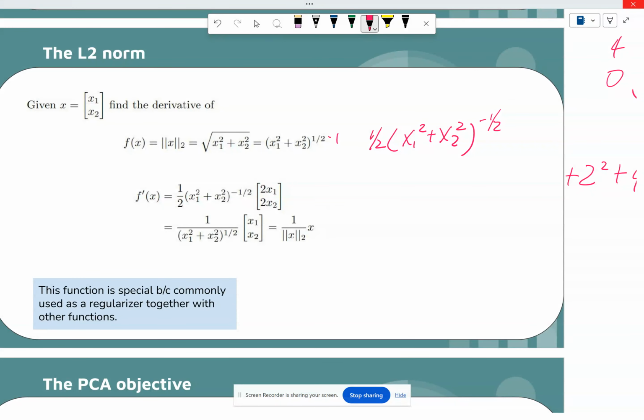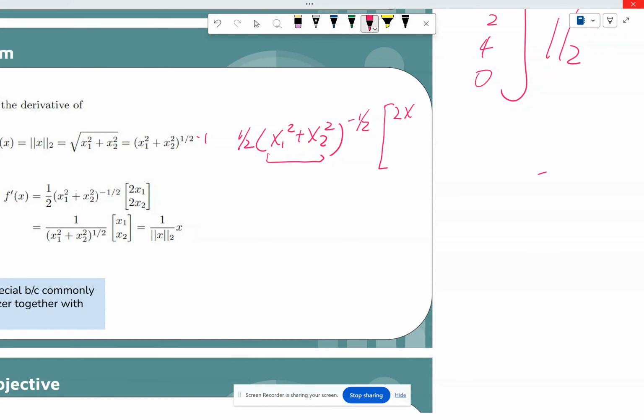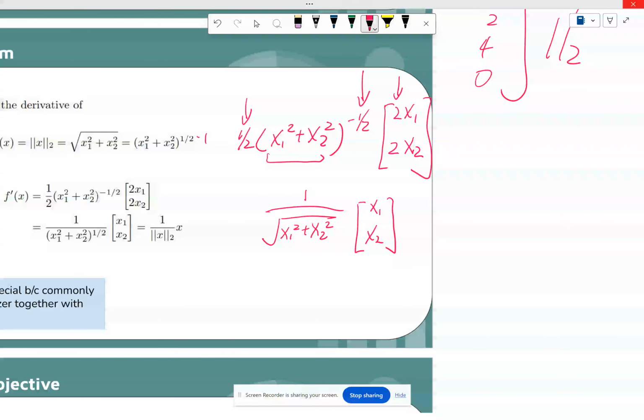After this, you take the derivative of what's inside with respect to x1, which gives 2x1, and then with respect to x2, 2x2. And there you have it. The 2 here and the 1/2 here cancel out, resulting in x1, x2, over the square root of x1 squared plus x2 squared. This right here is 1 over the square root.